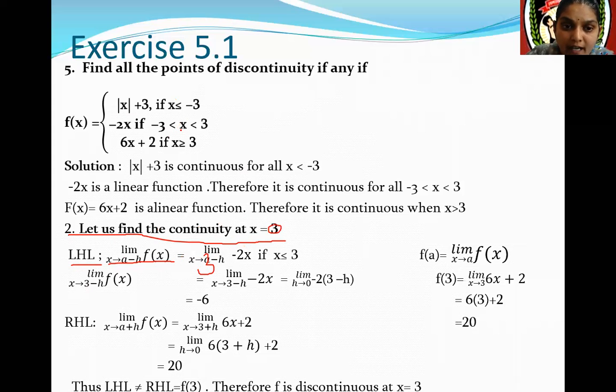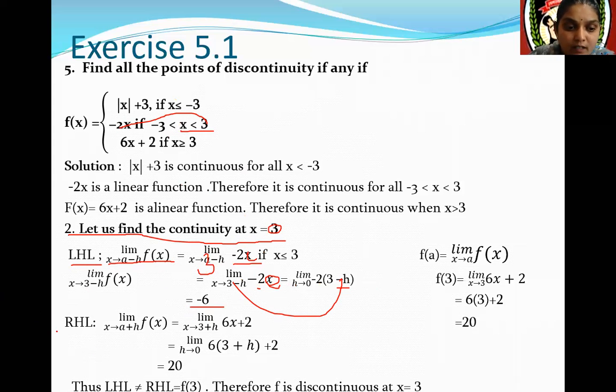Now you look here, x is less than 3. X is less than 3 means for left hand limit, the function is minus 2x. So I wrote it as limit of minus 2x as x tends to 3 minus h. Then minus 2 into, in place of x I put 3 minus h. This value is to be substituted in place of x. So I have minus 2 into 3 minus h, which means it is minus 6.